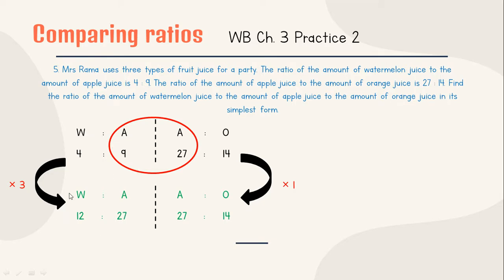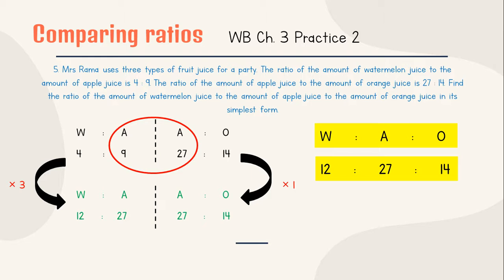And here, apple to orange, because it is already in the 3 times ratio, we have 27 to 14. Now what we have is apple is 27. We can find the ratio of watermelon to apple to orange, which is 12 to 27 to 14.